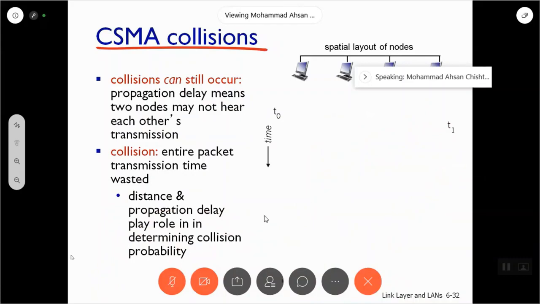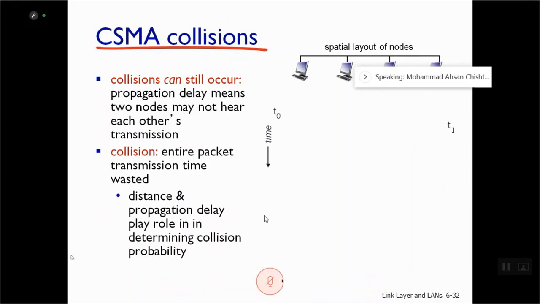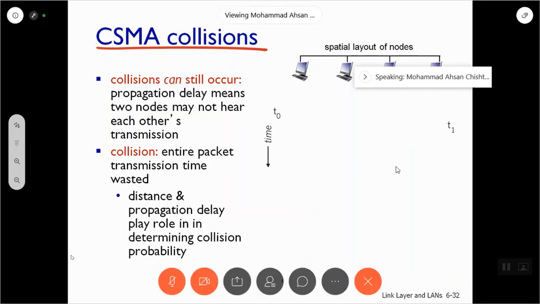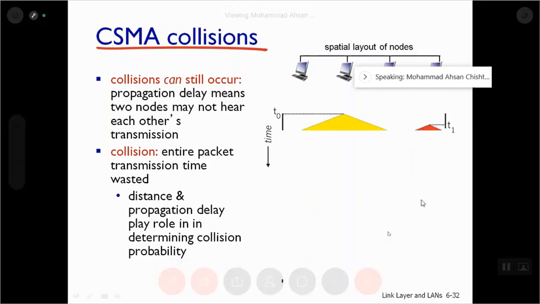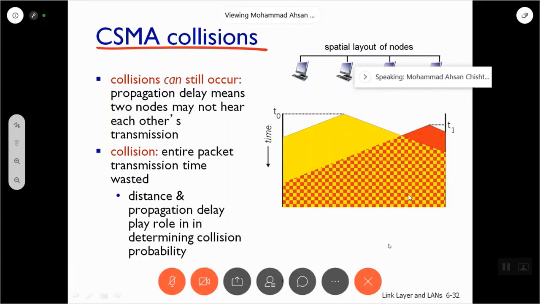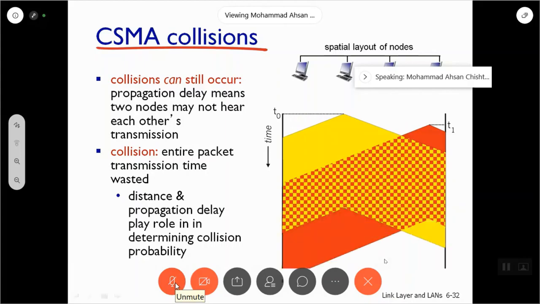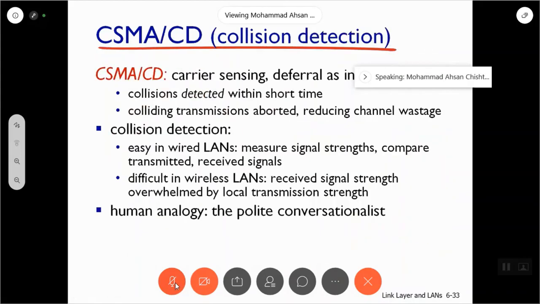So here, collision can still occur because of propagation delay, which means two nodes may not hear each other's transmission. The entire packet transmission time is wasted. Distance and propagation delay determine the collision probability. So it's depicted here that with respect to time, when this also sends, this also sends, what are the chances that we can have a collision?